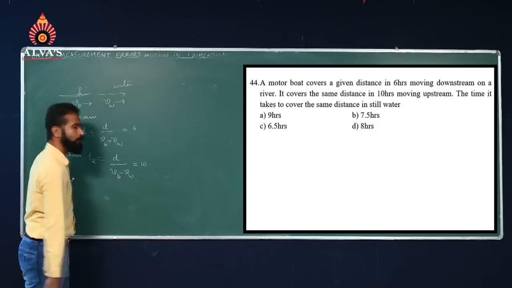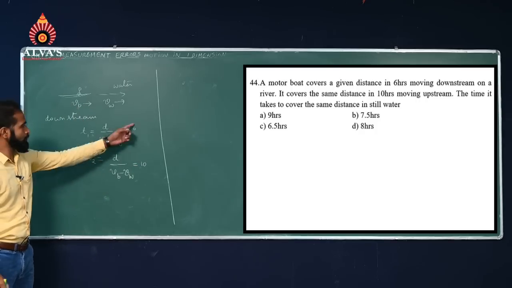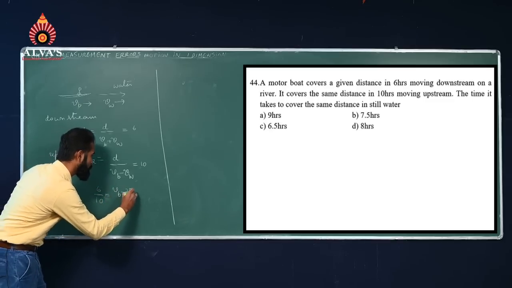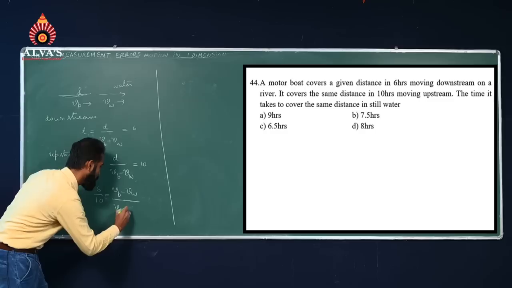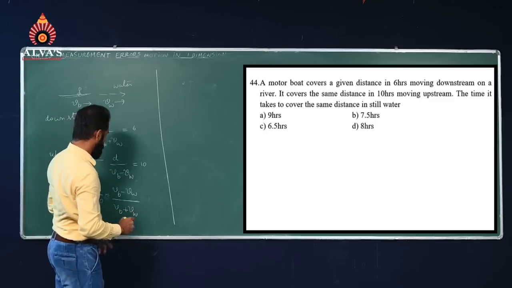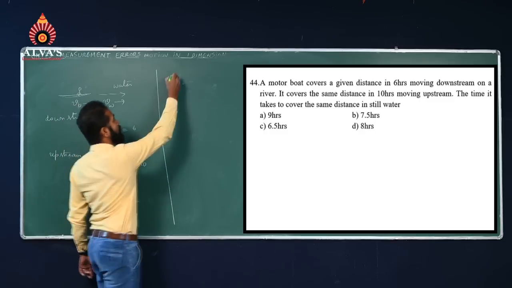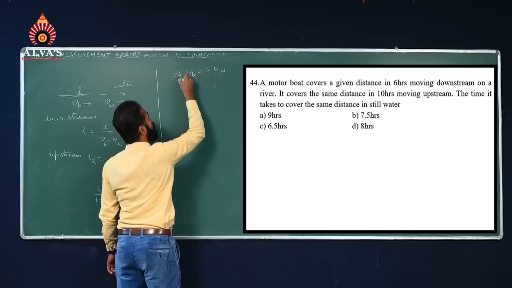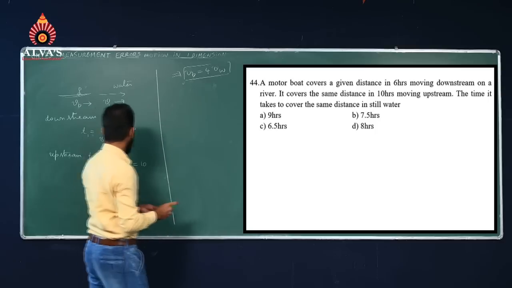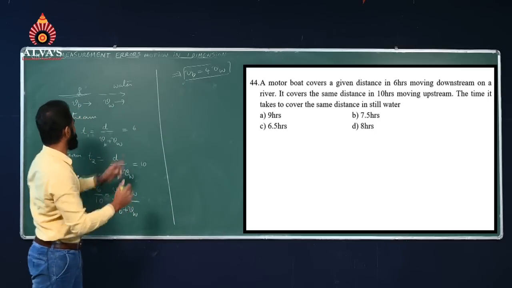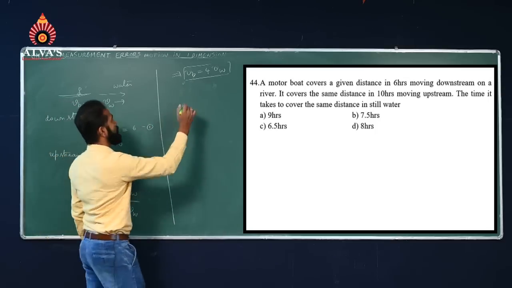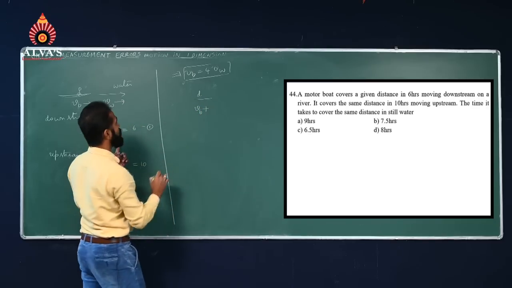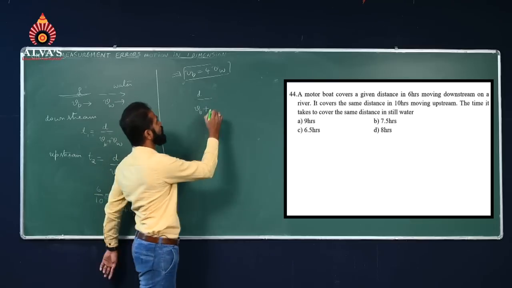This total time is given as 10. Let's take the ratio. 6 by 10 is equal to Vb minus Vw divided by Vb plus Vw. If we cross multiply and solve, we get Vb is equal to 4 times Vw. Now substitute that value in the first equation. So that becomes distance divided by Vb plus, instead of velocity of water, I can write Vb divided by 4.